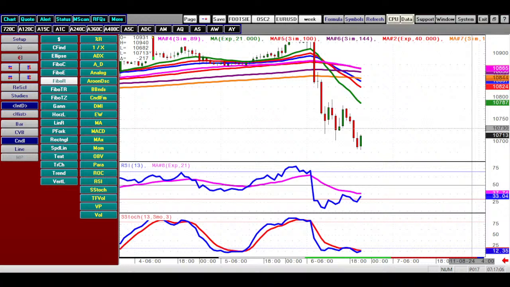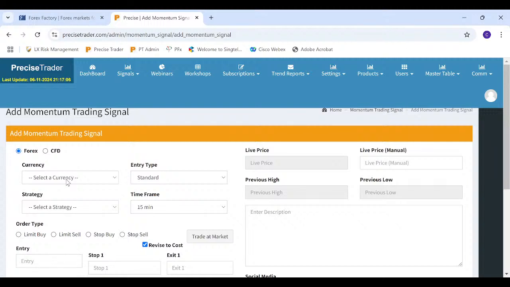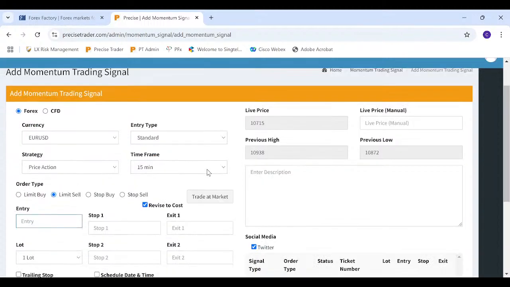Okay, so this is the momentum trade again. 1.0740.